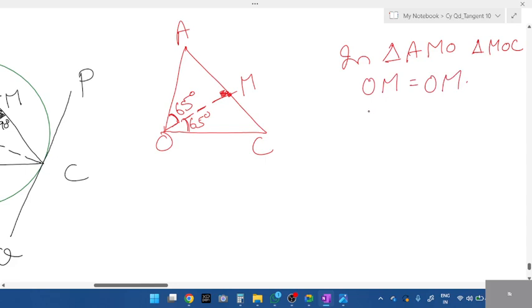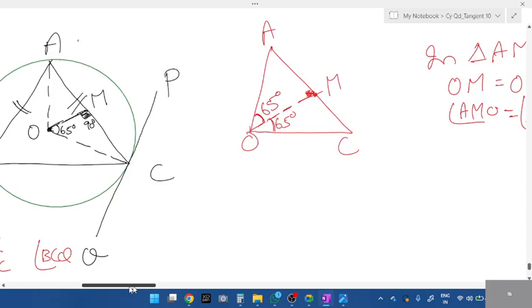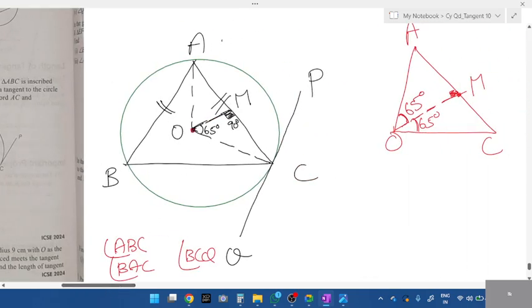right? Which is a common angle? Which is the 90 degree angle is equal to angle OMC. So one side is common, one side, one angle. Let us see another side. Observe the diagram and tell me which is the other side equal. It's inside the circle. Think and answer.